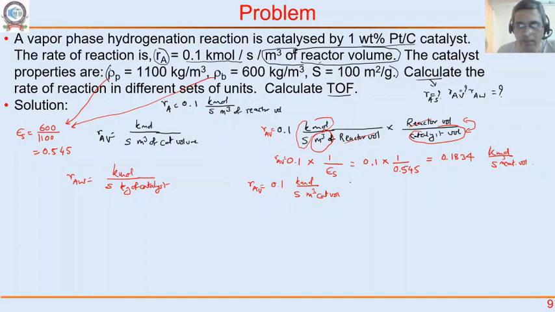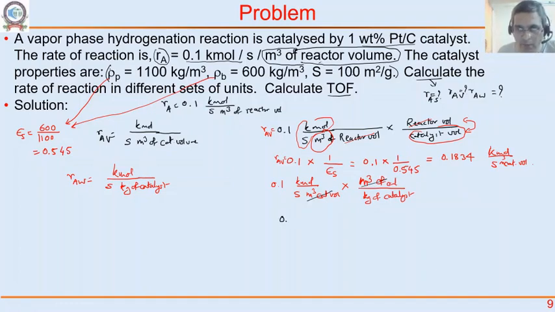Okay, suppose I multiply this 0.1 by meter cube of catalyst and divide by kg of catalyst, right? Then what will happen? Then this meter cube of catalyst would cancel out.